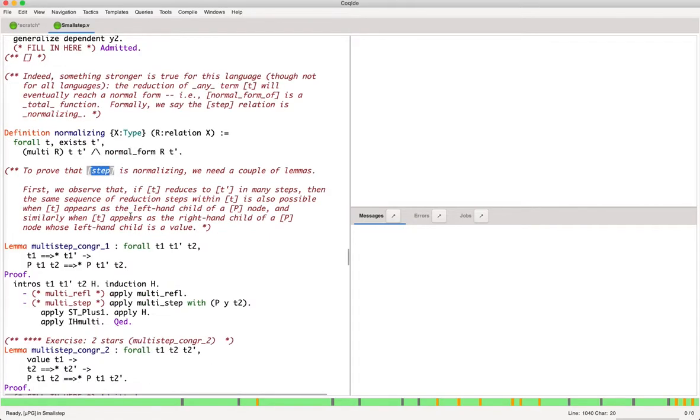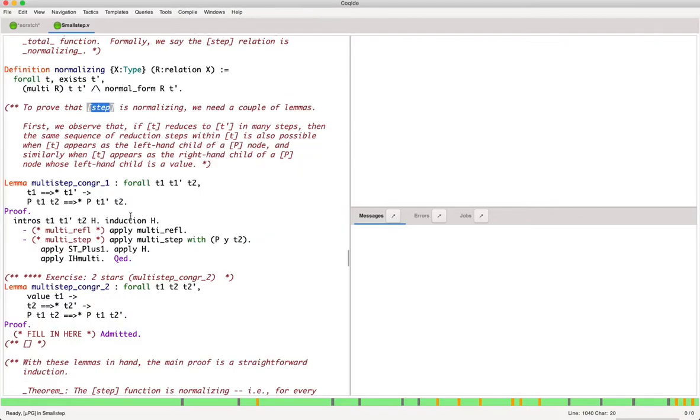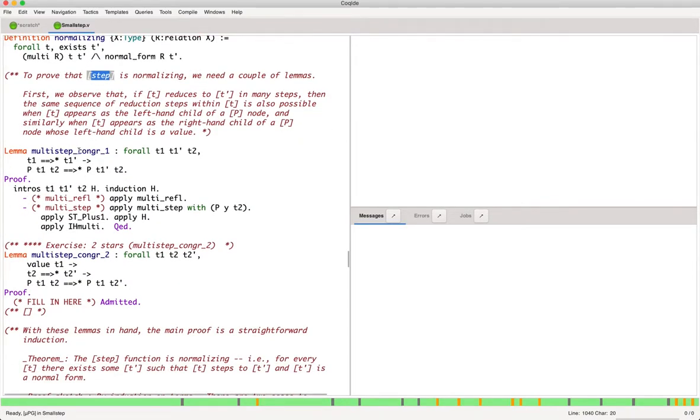And they do that in a couple of steps here where they give themselves a couple of congruence lemmas. So you remember congruence lemmas are to do with, say you have here a term p t1, t2, and you want to evaluate t1 as much as possible. So you can say, well, if it evaluates into t1 prime in 0 or more steps, then you can just replace the t1 with t1 prime, and they are also related in 0 or more steps.